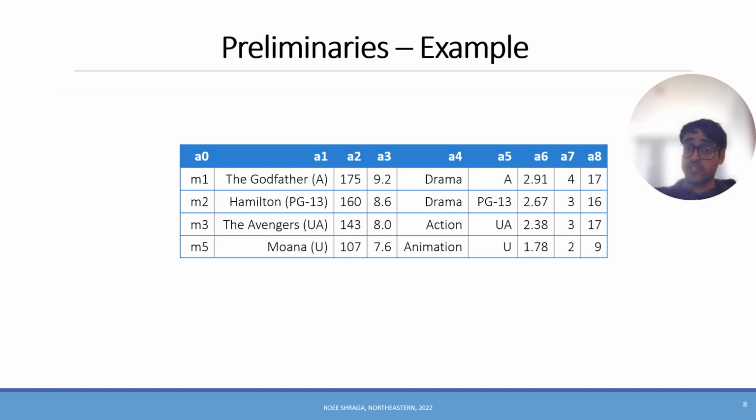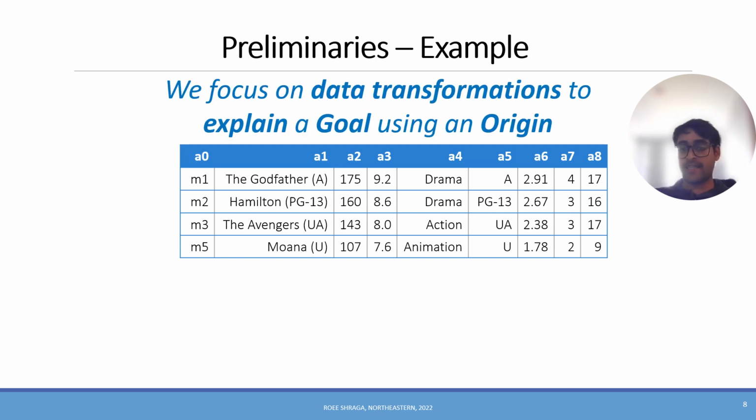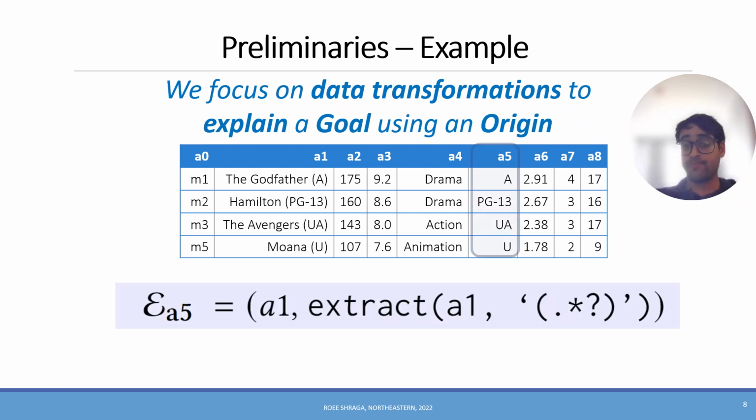Our problem definition looks at 3 main components. The first is the origin, the second is the goal, and finally, the transformation that tries to explain the goal using the origin. Let's look at an example here with A5.